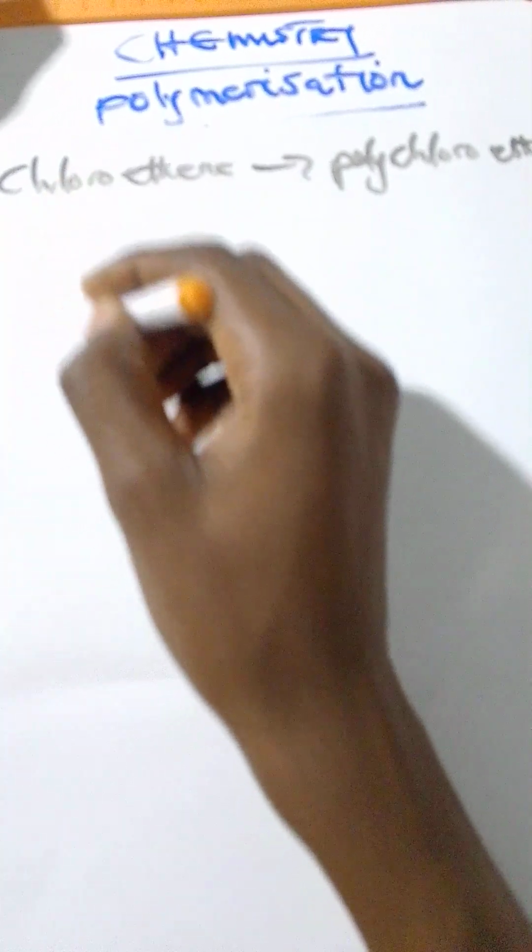So from here, because we have chloro, it means from the halogens we have chlorine, and ethene.